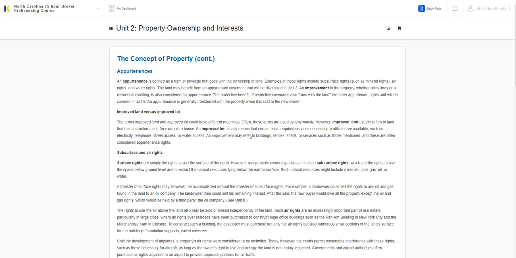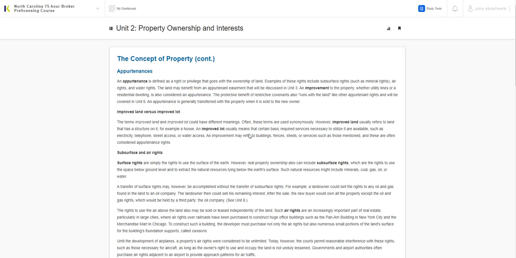The rights or privileges that go with land specifically. So we're looking at air rights, mineral rights, like anything under the dirt, subsurface rights, those things. And then you have your air, mineral, and water.